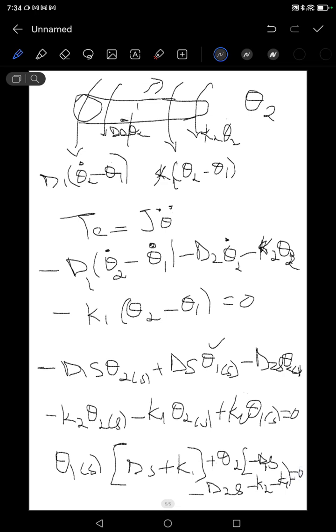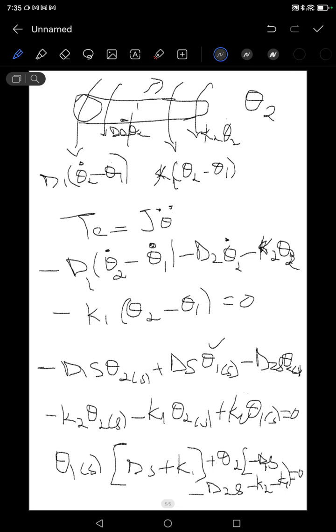Okay, and then now we have this equation. Remember when we started this figure, we said the damper, the spring, and the inertia, they are all equals to 1. Now let's rewrite the equations that we have.